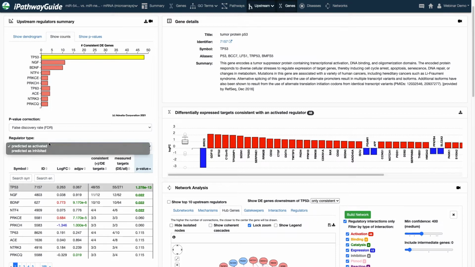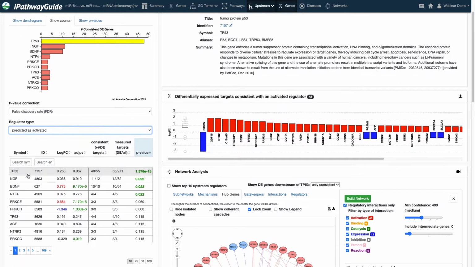So when we look at upstream regulators that are predicted as activated, the top upstream regulator that follows that prediction is TP53. And that was the title of the paper.